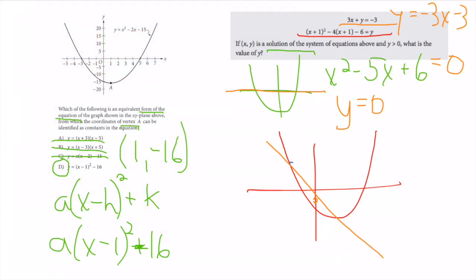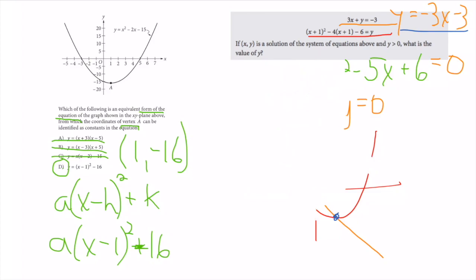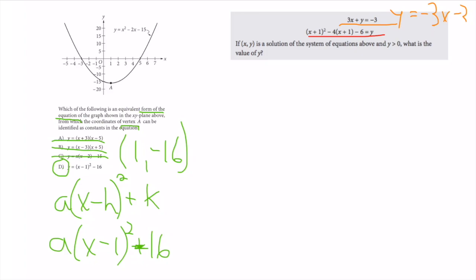Really what I'm trying to find now, instead of the zeros, is where this line intersects with my quadratic, which is the same thing I'm doing in this situation, except my line, instead of being y equals 0, is now negative 3x minus 3. So when solving a system, that's really all I'm doing.